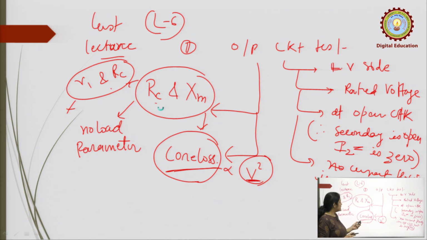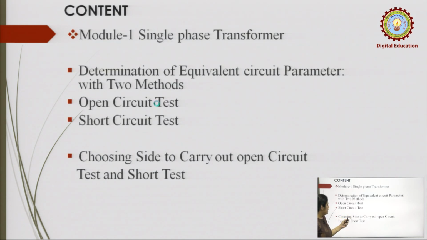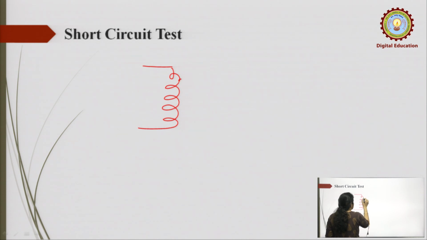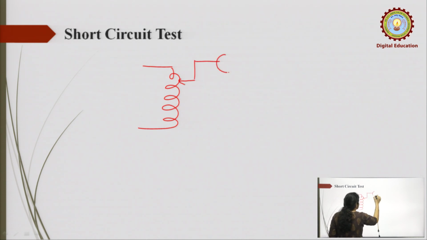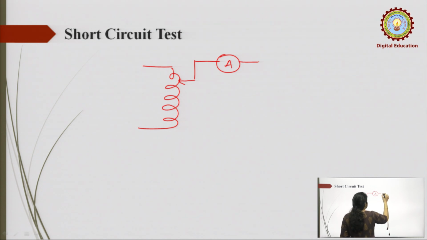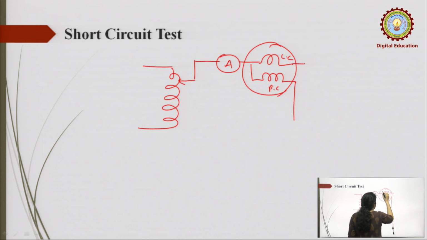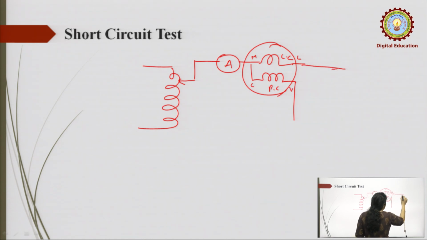Now, in today's lecture we will see how to perform the short circuit test. First we see how to connect the circuit when you perform this test. This is the auto transformer, there is a wattmeter with its current coil and pressure coil, and these are the meter connections.